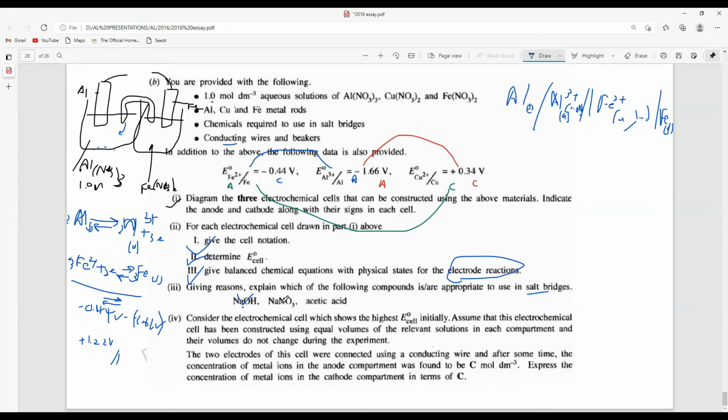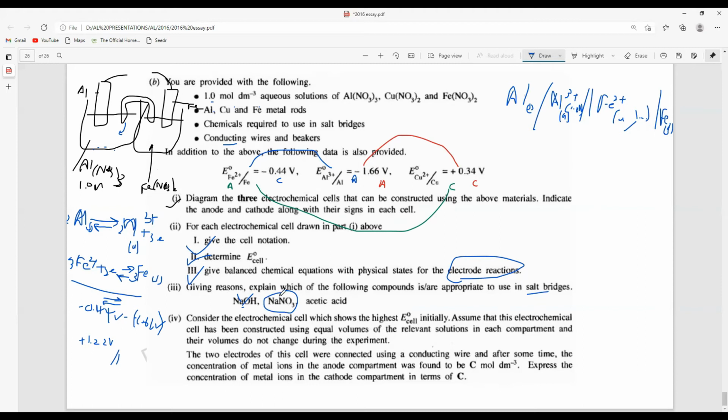And NaNO3 can be good because there is no electrode reaction that can happen with NaNO3, since it is a salt. But since the conductivities of Na+ and NO3 minus are different, it cannot be used. So you can take this as either it can be used or cannot be used. In the evaluation, when I checked, they have given both answers.